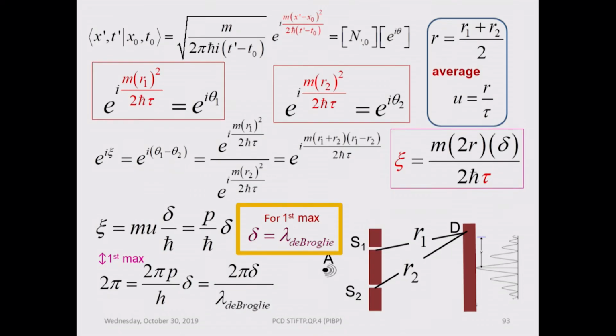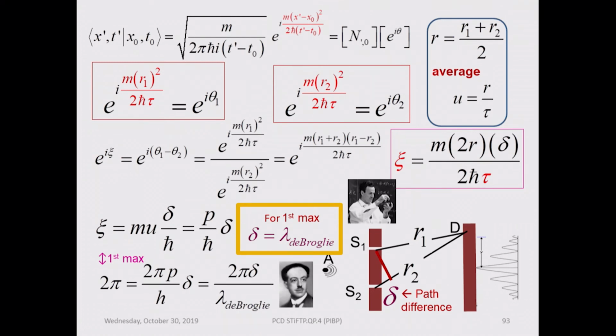So, the first maximum will come when this angle is 2 pi, and you get a complete correspondence between the wave particle duality and the Feynman approach, right. So, the de Broglie and the Feynman approach both correspond to each other. That correspondence is brought in by inserting this de Broglie wavelength.